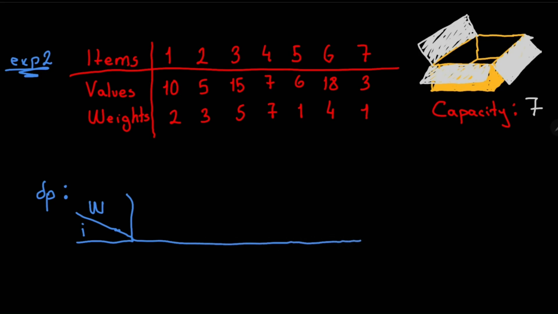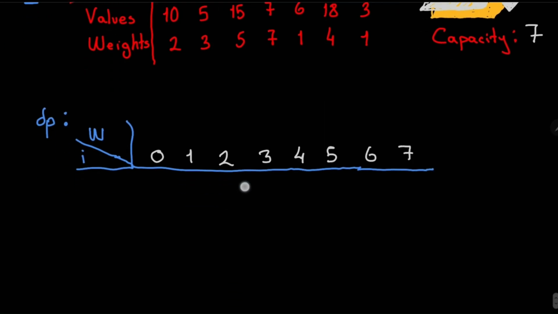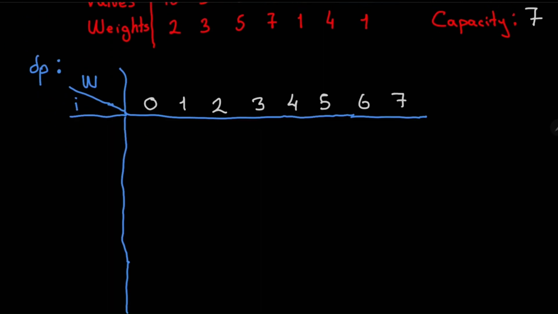So we will have a much bigger table in this case because we have the capacity of 7. We are writing all the numbers from 0 to 7: 0, 1, 2, 3, 4, 5, 6, and 7. Let's make it bigger. Okay.